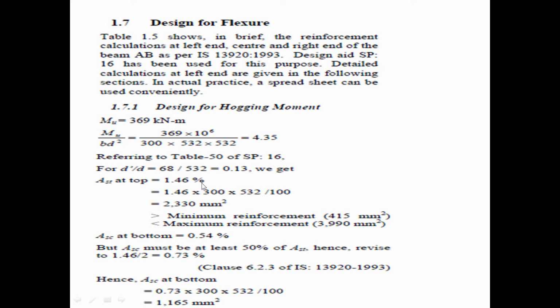So 1.46% of the gross area, you will directly get 2330 mm square. This value is greater than the minimum value required by IS 13920, and it should be less than the maximum value, that is 3990. So this is the safe reinforcement calculated at the top.